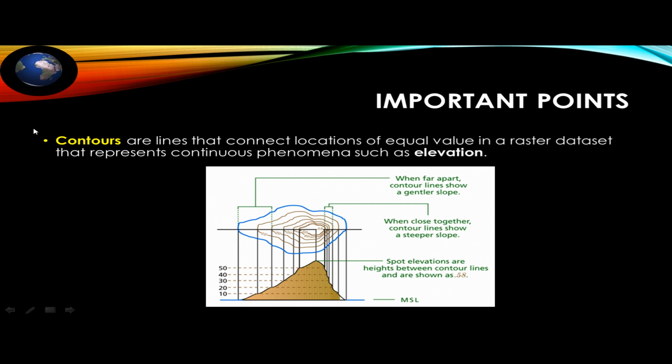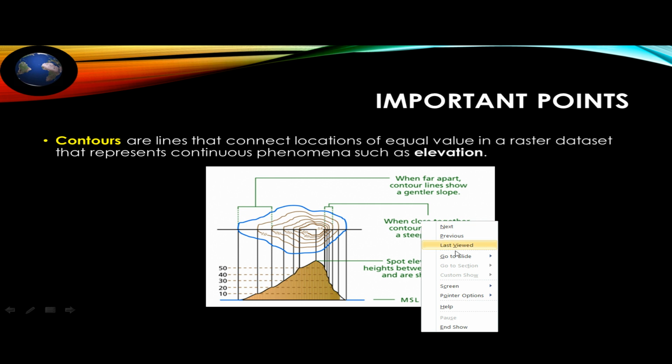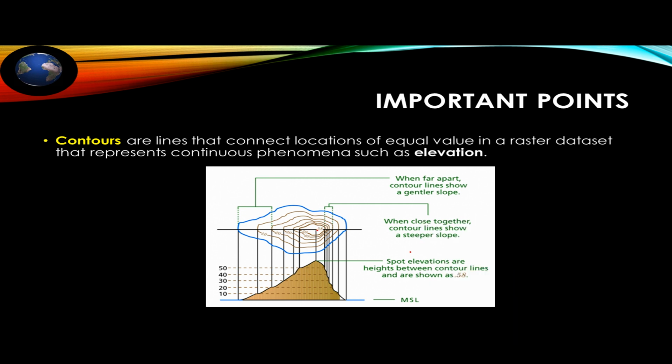So here you see there are 10 meter, 20 meter, 30 meter, 40 meter, 50 meter elevations from mean sea level. This is the topmost elevation. Spot elevations are the heights between the contour lines, shown here as this point, 58 meters. So you can see this is 58 meters.